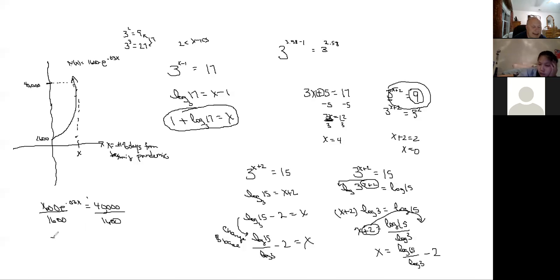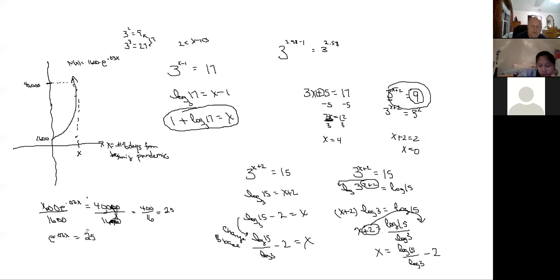So then that's e to the 0.03x equals 40,000 divided by 1,600. A couple of these zeros on the end cancel out, so I don't have to deal with those. So it's going to be 400 divided by 16, which is what? I just don't have a calculator. 25. Okay, good. So it's 25.